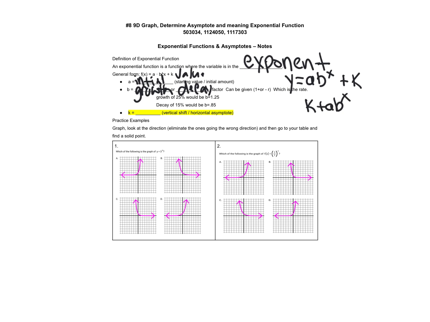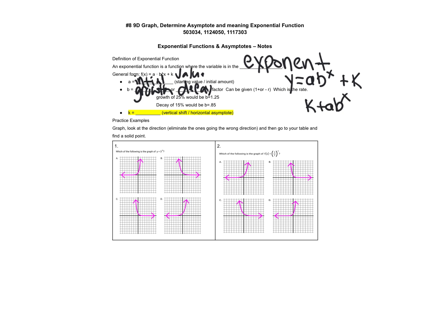Okay, so that's the 15% and the 25%. The factors can be given as either 1 plus or minus the rate. So if we are subtracting from 1, what did we do to the 25 to get to 1.25?